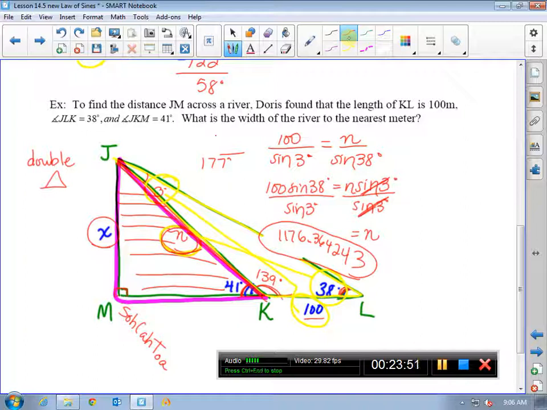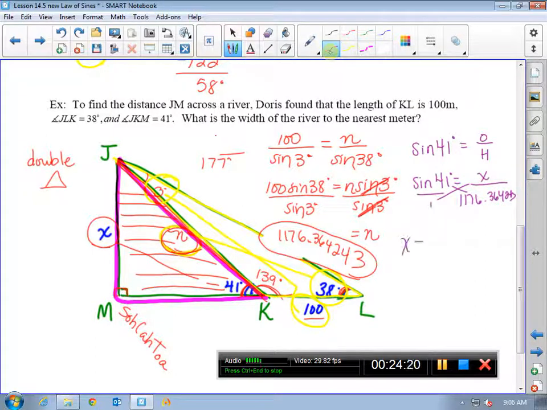And I know that I need the opposite side. So I'm simply going to say, using SOHCAHTOA, the sine of angle 41 degrees should be its opposite over my hypotenuse. So the sine of 41 degrees equals x over 1,176.3642443. And we're going to cross multiply.